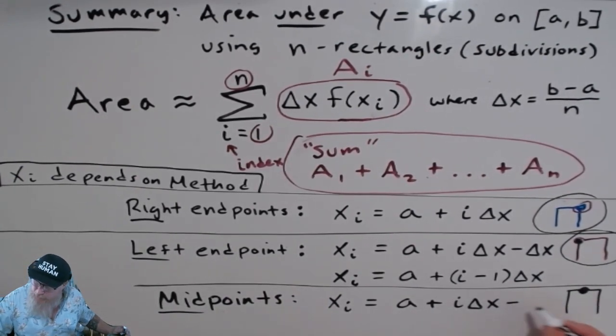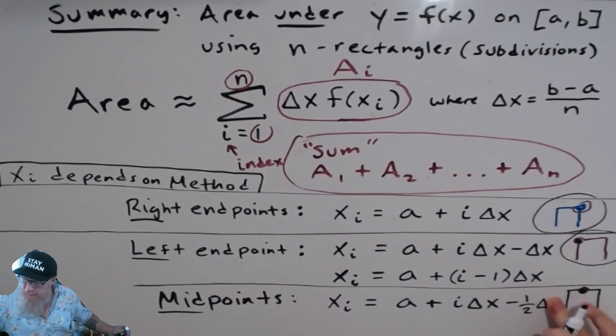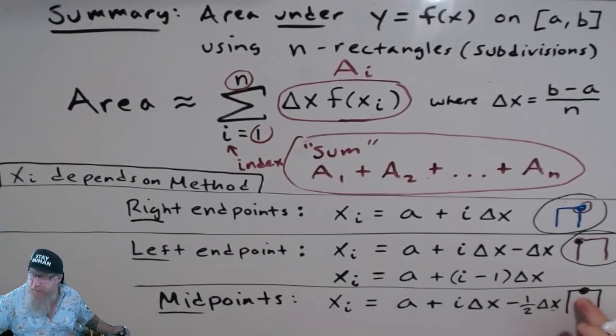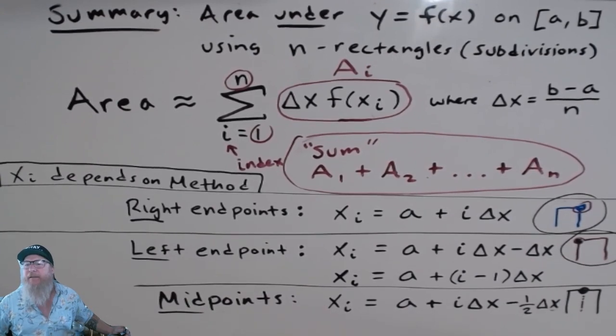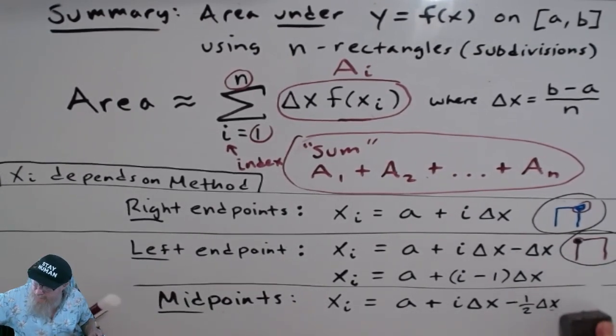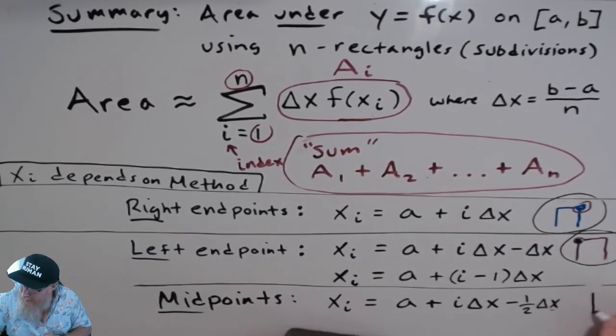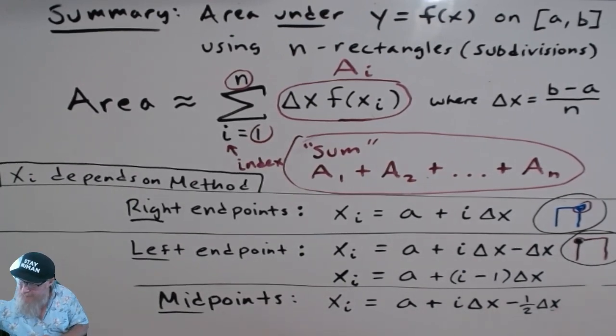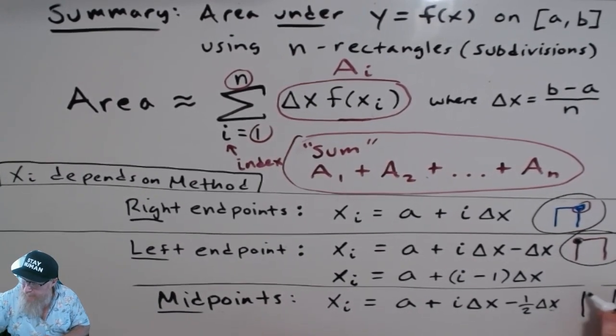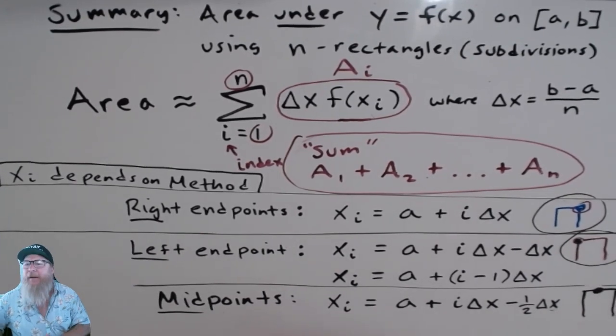So you're going to subtract half of a delta x. By putting the dot right in the middle, that's half of a delta x, essentially halfway across the top of the rectangle.